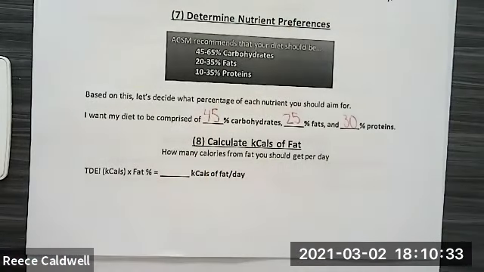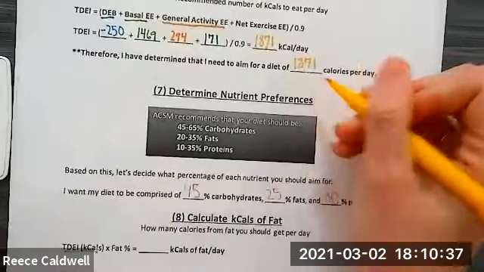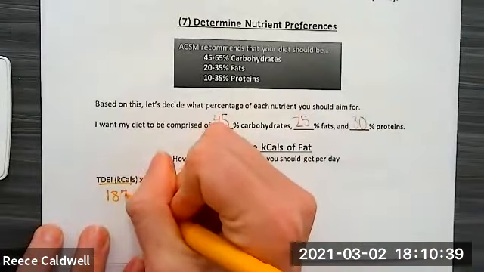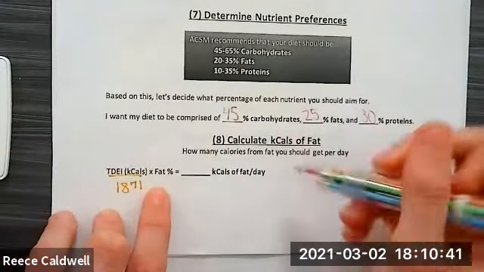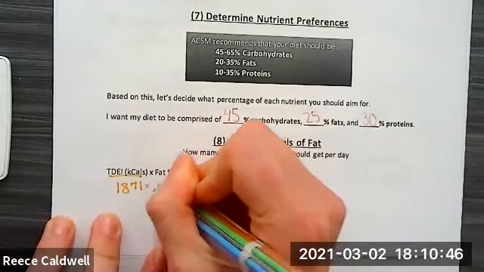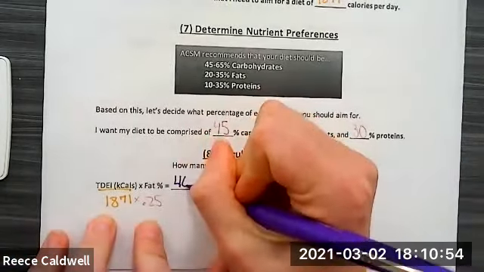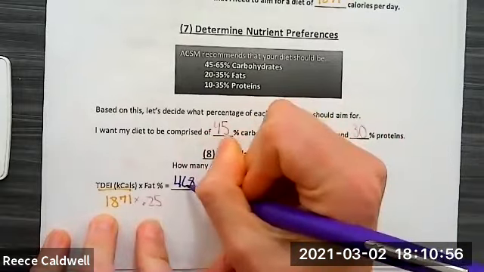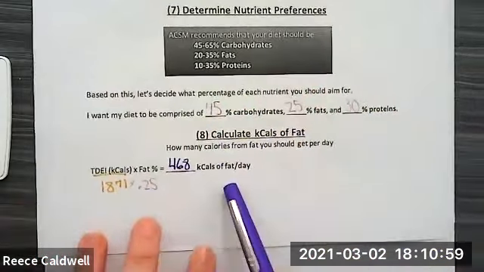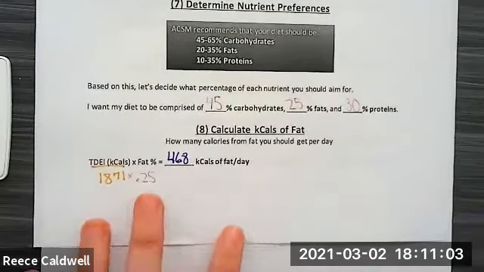Now that we have our percentages, we're going to take that TDEI from earlier, 1,871, and multiply it by the percentage of fats that we just selected, which was 0.25 or 25%. This will give us a value of 468 kcals of fat per day. So Kai should aim to get 468 kcals of fat per day.